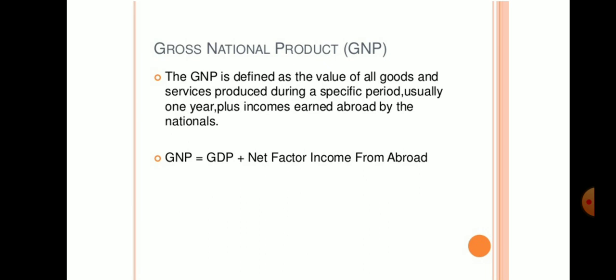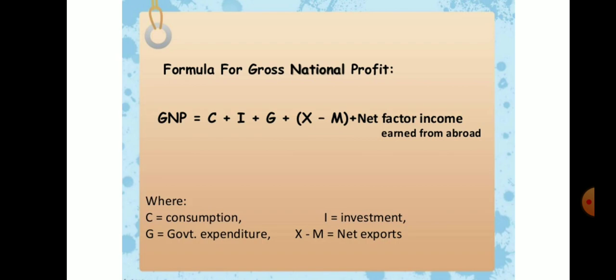All these have to be given for a certain period of time. This is what GNP is. And here is your formula for calculating GNP, with consumption, government expenditure, investment, and also exports and imports. Exports and imports are not added as they are. The exports have to be minus the imports.